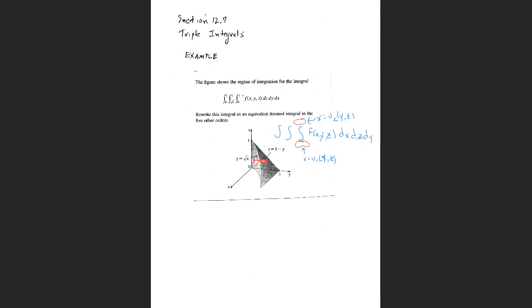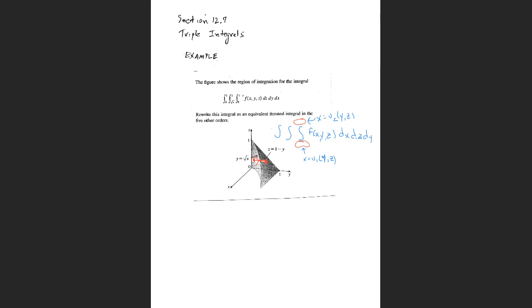So when we did dz dy dx, our beginning limits were from a surface on the bottom to a surface on the top. For dx dz dy, the dx is really the key here.